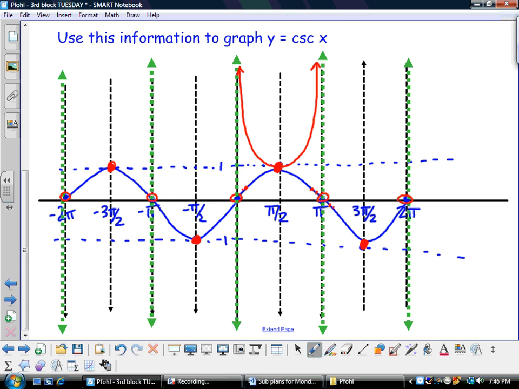But here it was a negative value. If you do 1 over negative 0.1 or 1 over negative 0.01, you would get a really small number like negative 100 or negative 1,000 depending on what you put in. So those values are going to go down towards negative infinity. We can follow that pattern all the way across the graph.